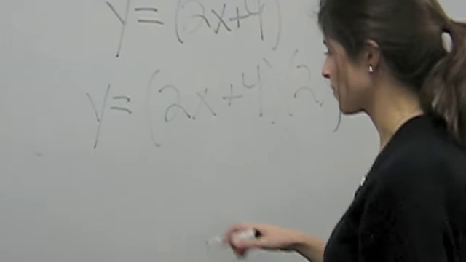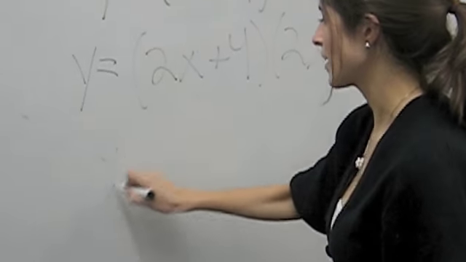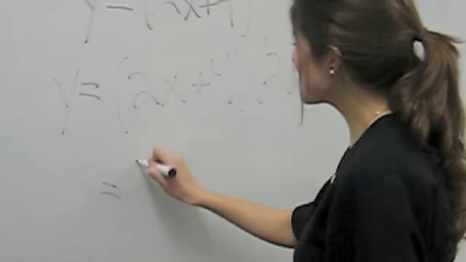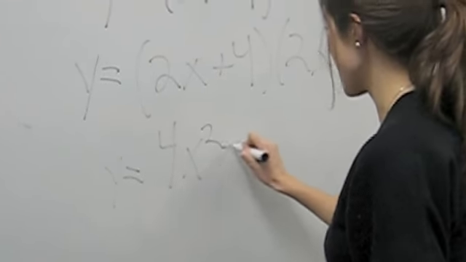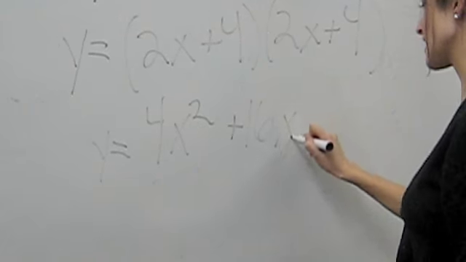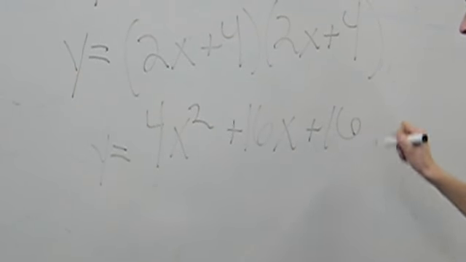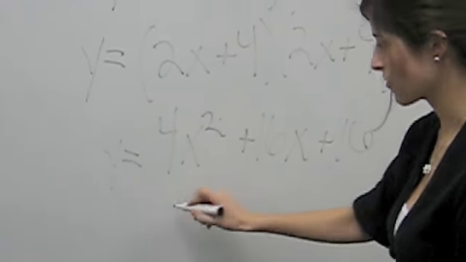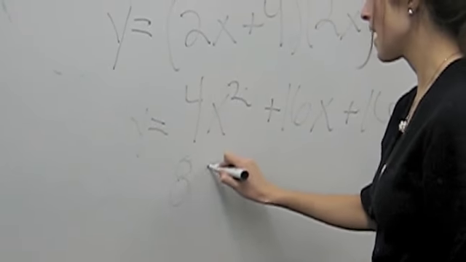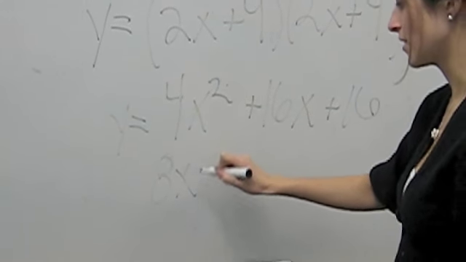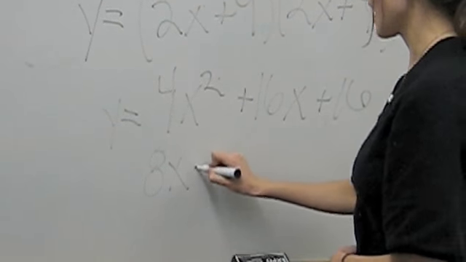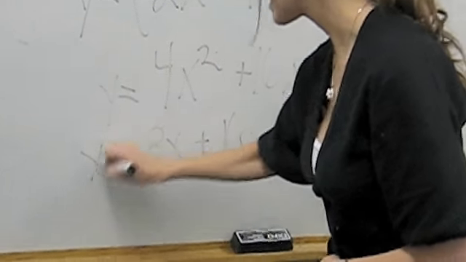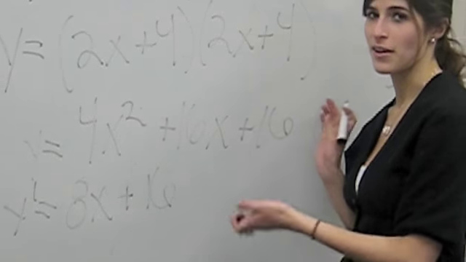And when you FOIL, you get y equals 4x squared plus 16x plus 16. Then to find the derivative of this polynomial, you do 2 times 4, which is 8x, and then 2 minus 1 is just 1, so you can leave it, and then plus 16. And that is the standard way of finding a derivative for a polynomial.